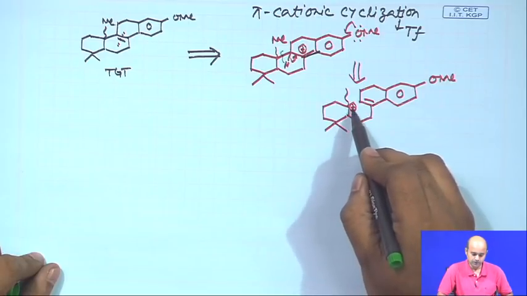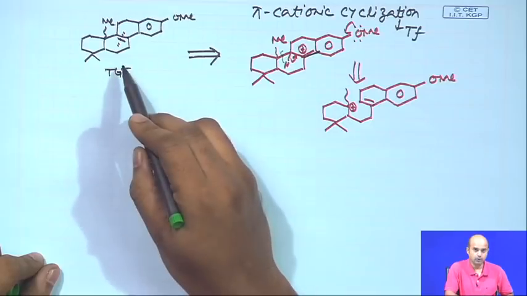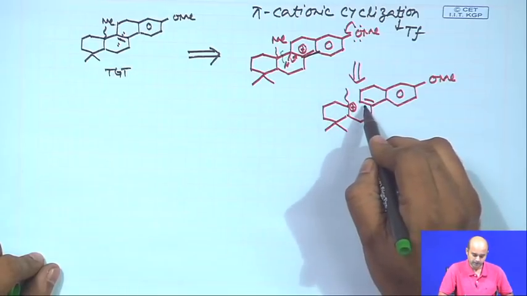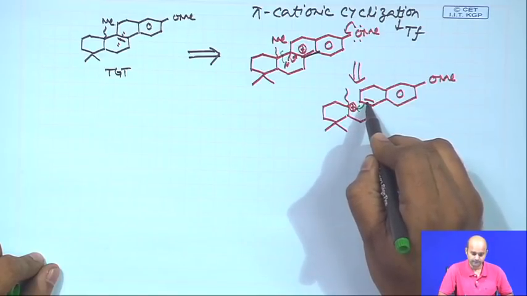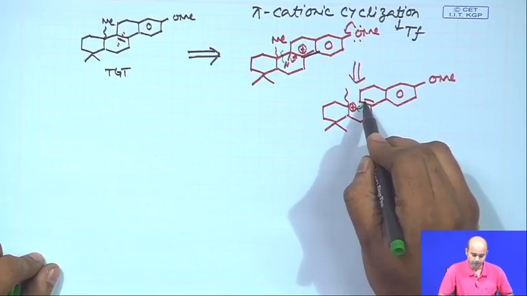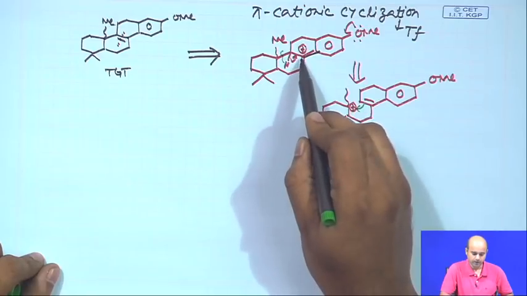Now, how does this tertiary carbocation lead to this intermediate and this target? This pi bond will undergo cyclization, because the pi bond is electron rich, and once it pushes its electrons to quench this carbocation, you get this carbocation.